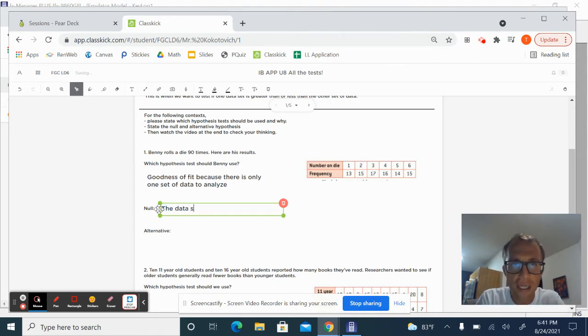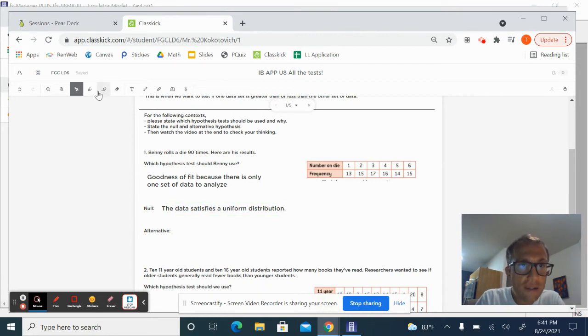So the data satisfies a uniform distribution. And this is just a fancy way of saying that they are equally likely on each of the numbers right here. Equally likely satisfies uniform distribution.